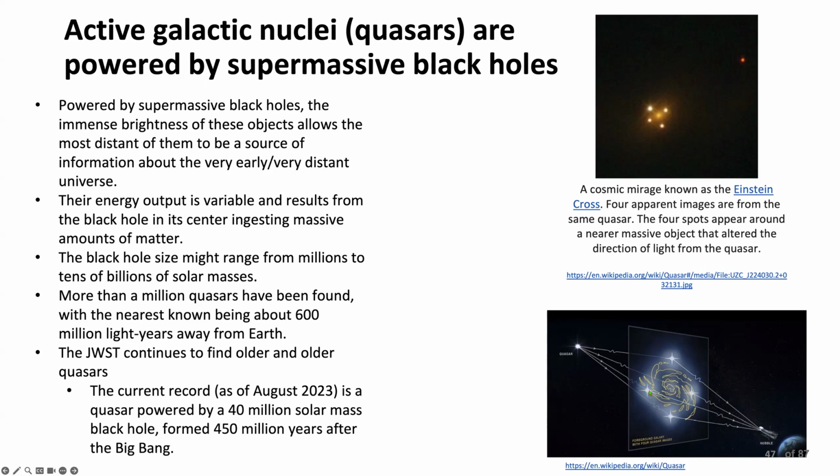In addition, the details in this light can be used to look at the chemistry of the galaxy in which this quasar was embedded. And we match those and we find the same chemistry. And the third thing is the black hole in this quasar doesn't have constant output.